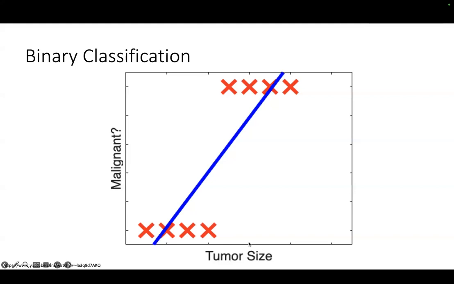And kung halimbawa ito ang piliin ninyo, tumor size, sabihin nyo, okay, hindi ako sigurado kung malignant or non-malignant yan, kasi yung sinasabi ng model is it's somewhere here. So hindi tayo sigurado, di ba, kung ito yung model na pagbabasihan natin.